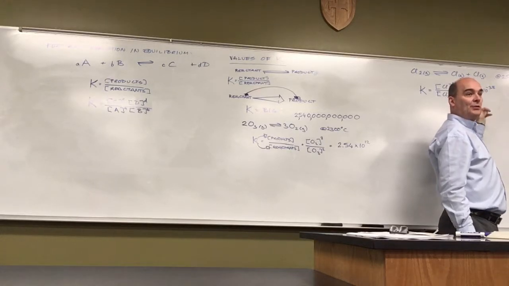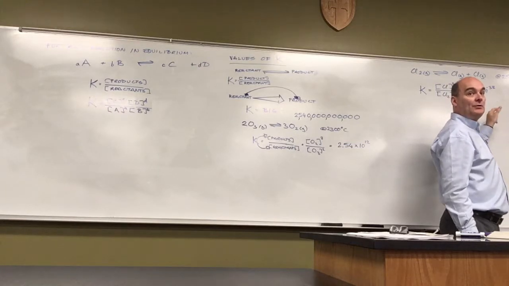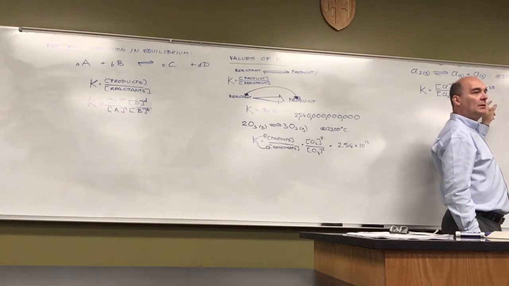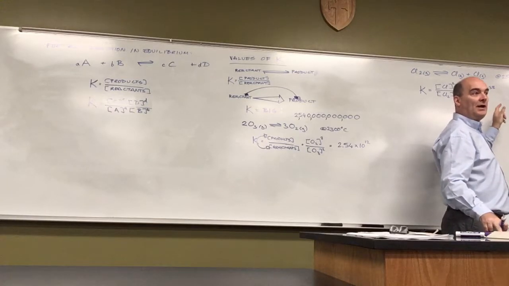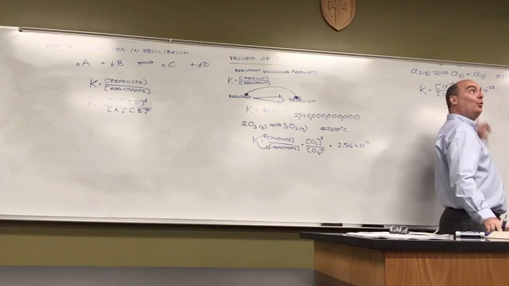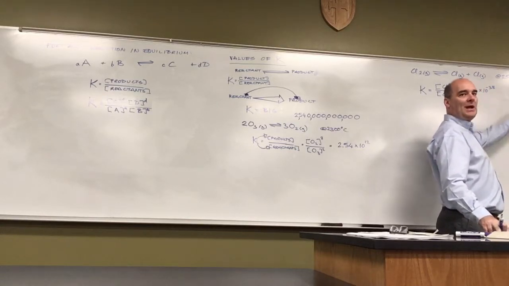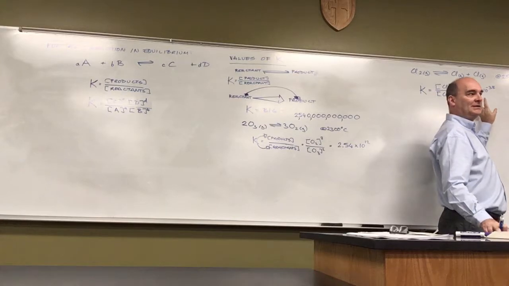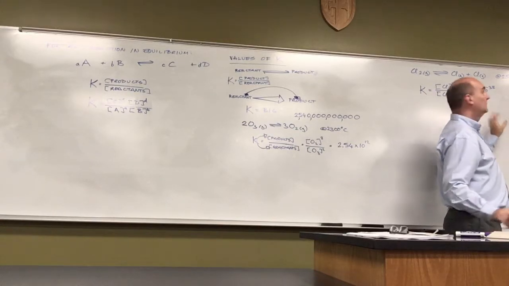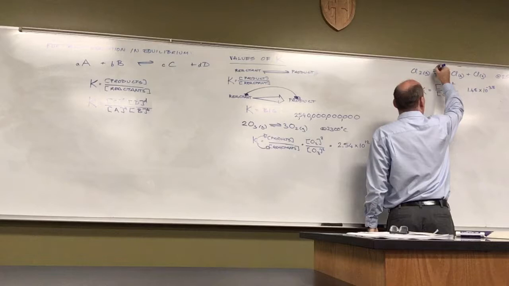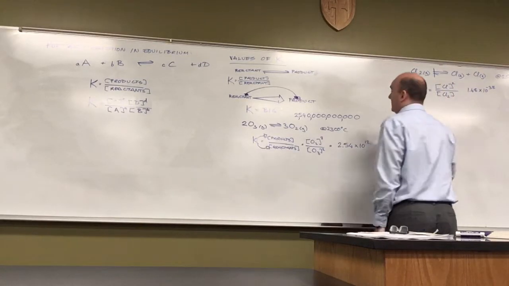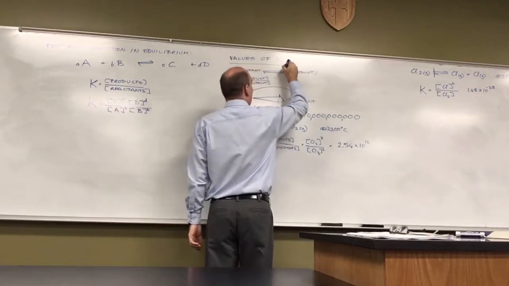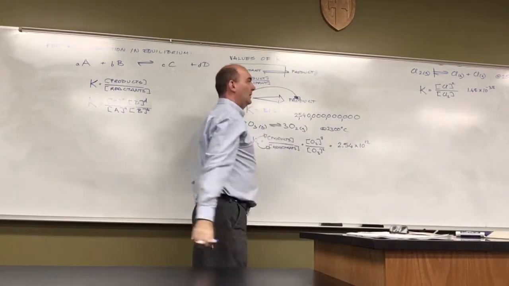Because 10 to the negative 3 is milli, 10 to the negative 6 is micro, 10 to the negative 9 is nano, 10 to the negative 12 is pico, and then 10 to the negative 15 is femto, and then I don't know what comes next. And we're not even halfway to describing how small this thing is. This is tiny. The equilibrium position for this is here. The equilibrium position for this one is there.